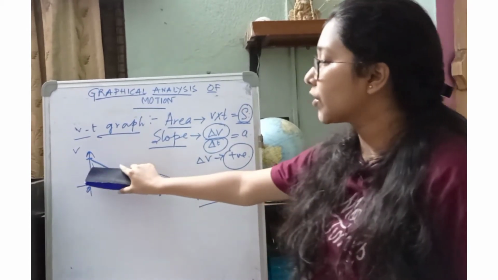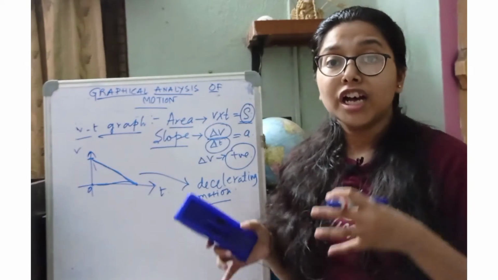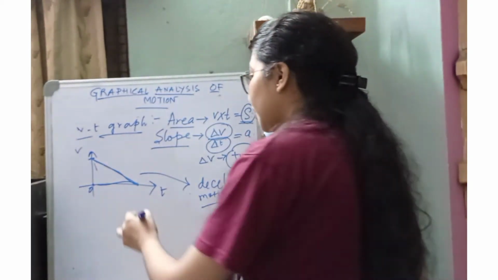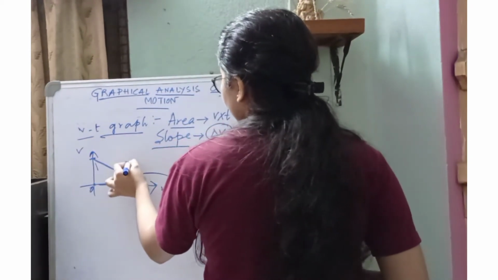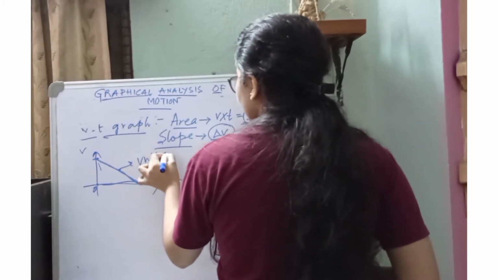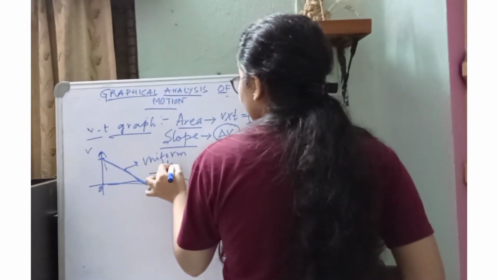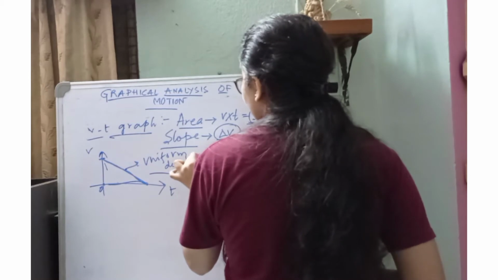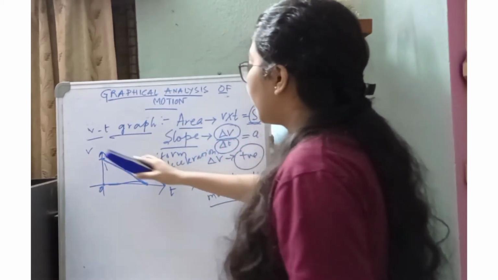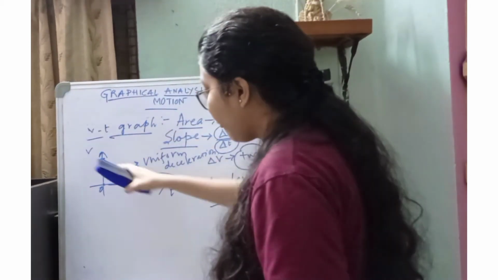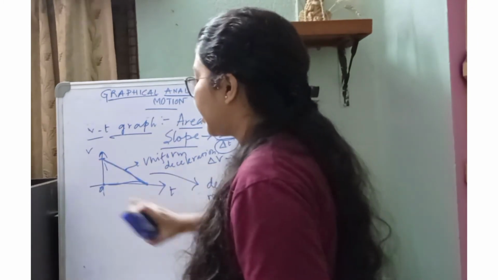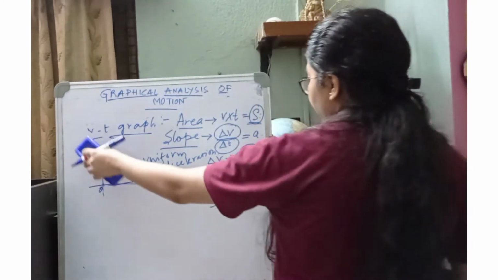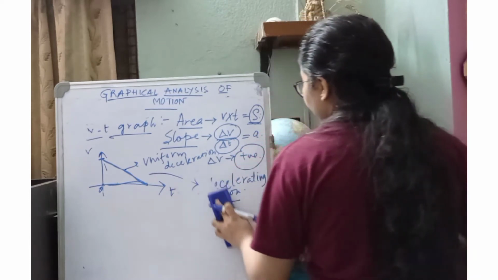Or we can also consider it to be the graph of uniform deceleration, because it is a linear graph. So this is obviously a uniform deceleration or uniform retardation. It is uniformly decreasing from a constant magnitude at t equals 0, uniformly decreasing with respect to time.